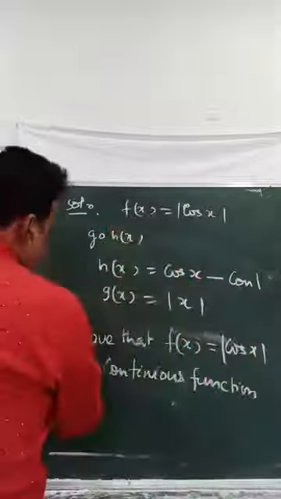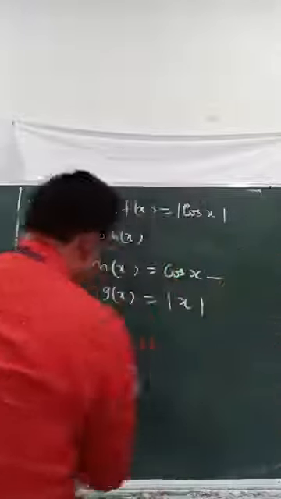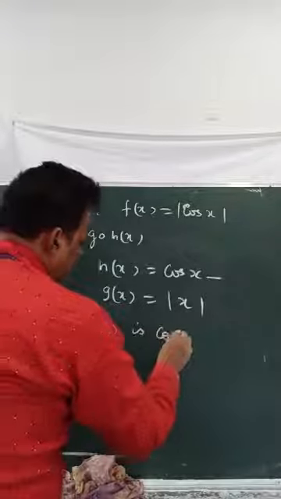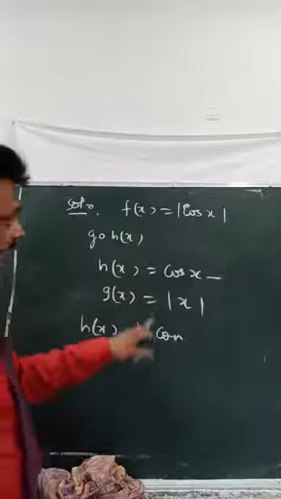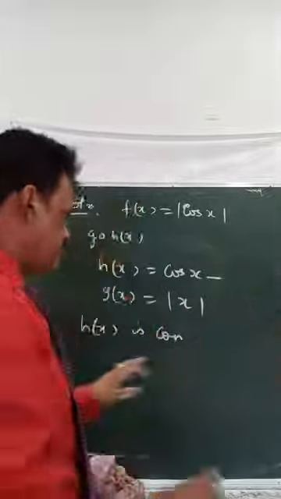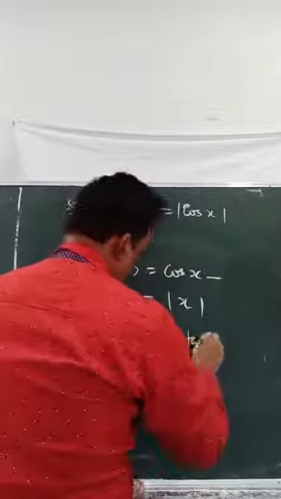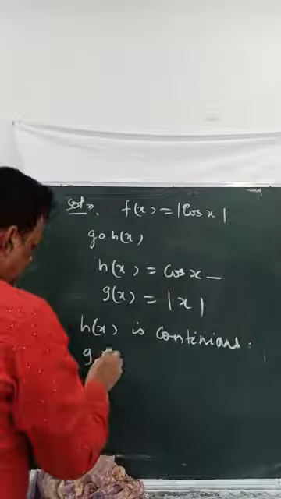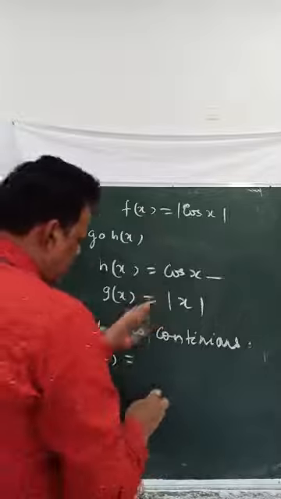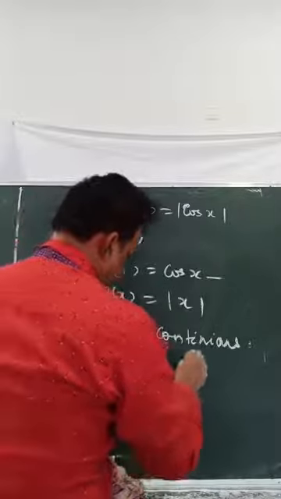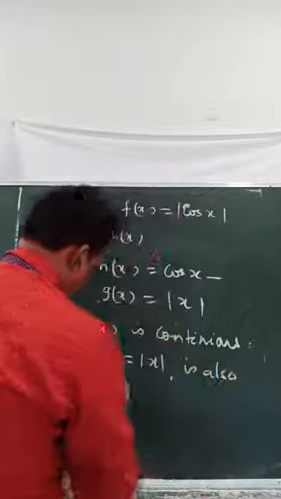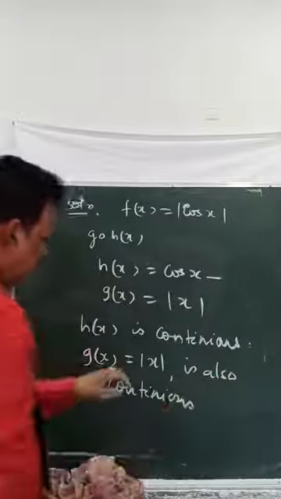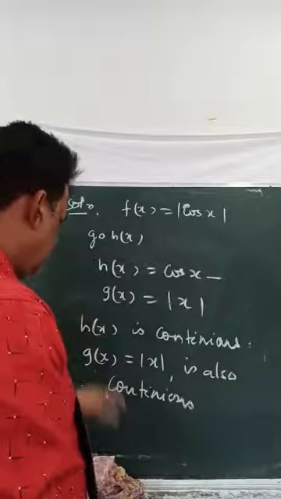You can write here h(x) is continuous because cos x is a continuous graph. G(x), which is mod x, is also a continuous graph. That means both are continuous.